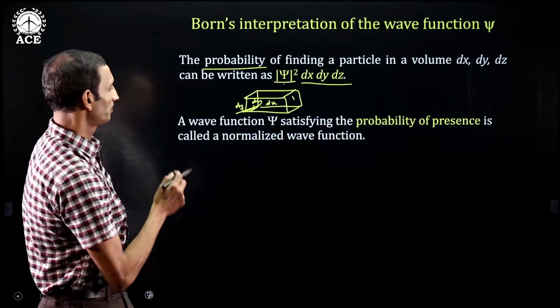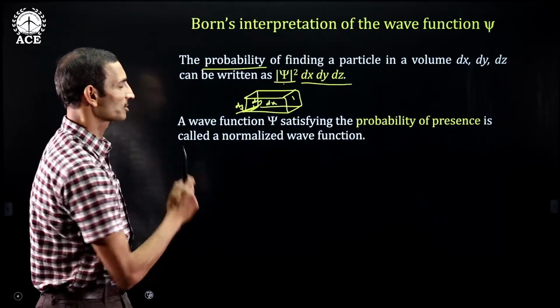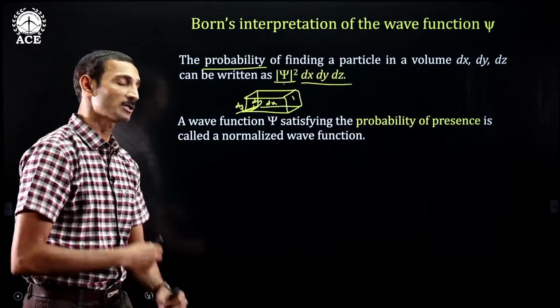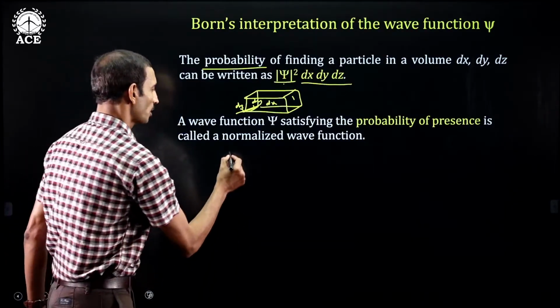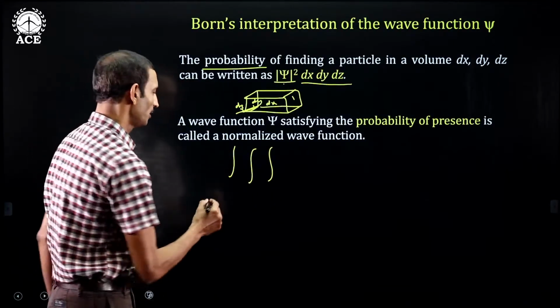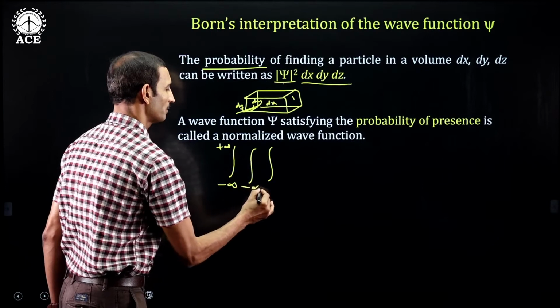Now the wave function psi satisfying the probability of presence is called a normalized wave function. What do we mean by that? If somewhere the particle is present in a given space, how to represent that? So I am going to take the entire space available between minus infinity to plus infinity for all three dimensions.